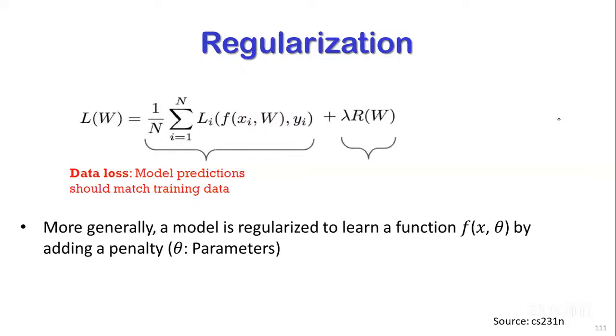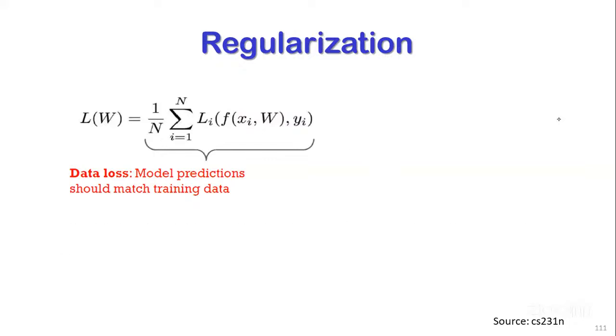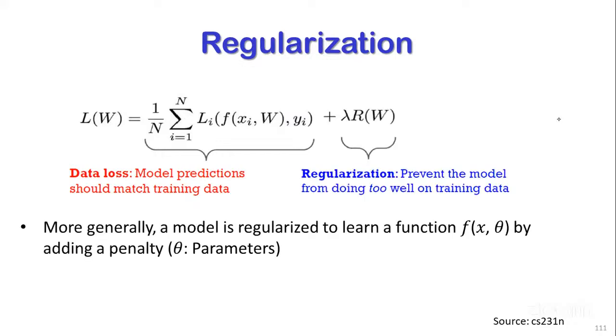Now what we are doing here is adding some terms to this loss function. Here we have added a term which is going to prevent the model from doing too well on the training data, because we don't want overfitting. Overfitting means that it is working very well on the training data, but not on the testing data, right?